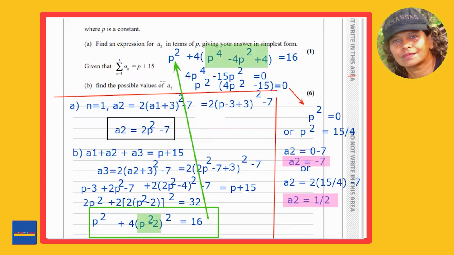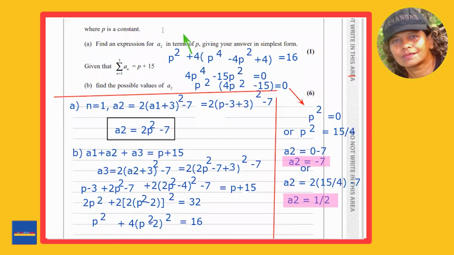Now I'm going to expand what I can. There is a step that I haven't written, so I'm going to write it here on the side so that you can understand how we get these expressions.